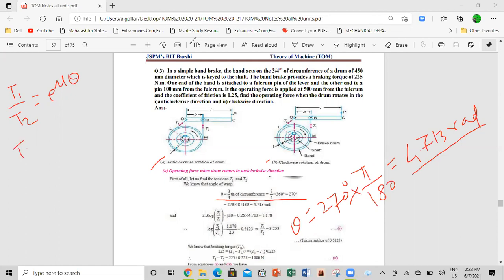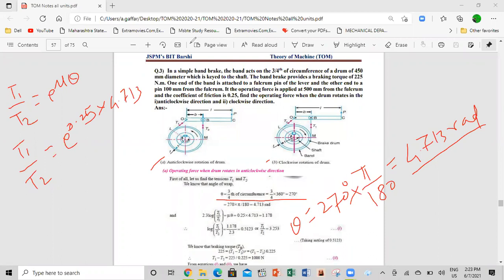So T1 upon T2 is equal to e raised to, mu is 0.25, into theta, 4.713.